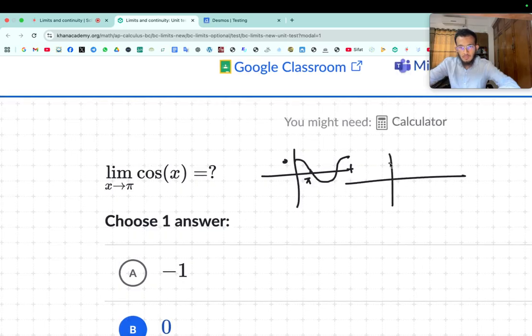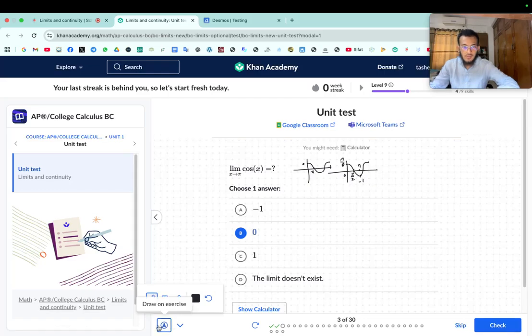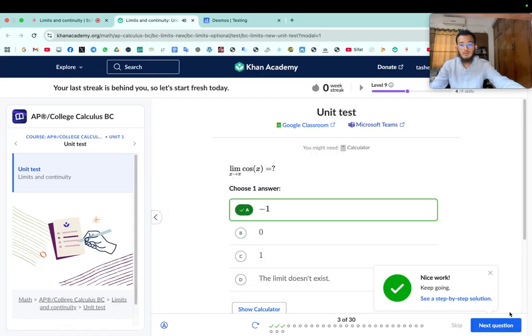Cos has a graph of this. So this is 0, this is 1, this is pi by 2, and pi is minus 1 actually. And this is 2 pi, the same thing. So it's minus 1 actually, not 0. Yep.